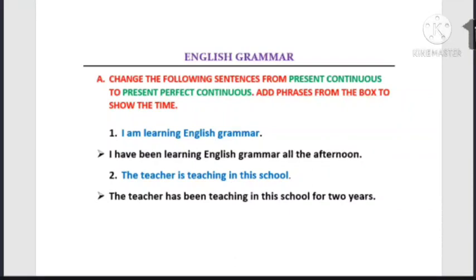And then the ing form of the verb that is teaching here. In this school, so we can here use the phrase for 2 years. So this is how you have to change these sentences into present perfect continuous. Okay. You will now try doing the rest of the sentences in your exercise book. I'll help you out if you can't do it. But you all first try doing it yourselves.